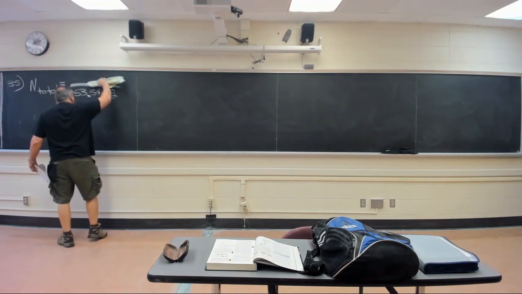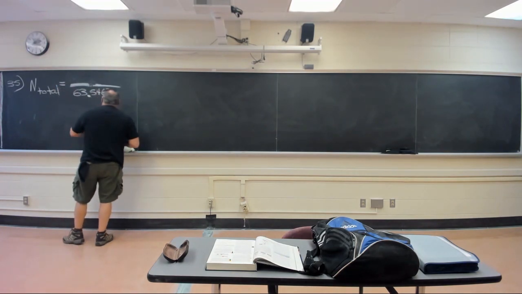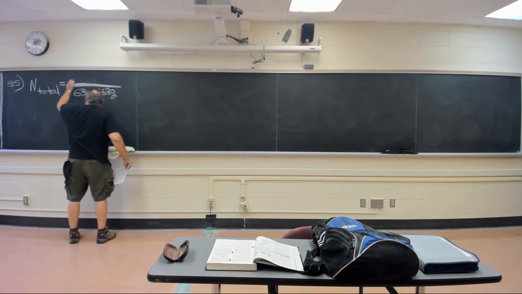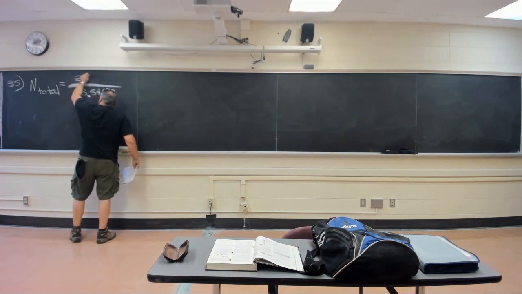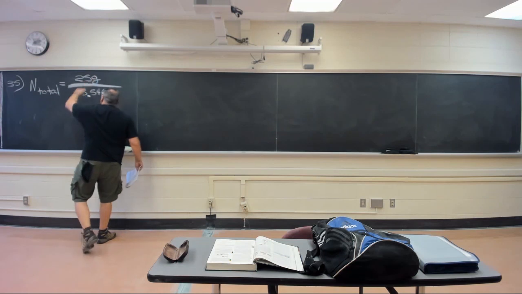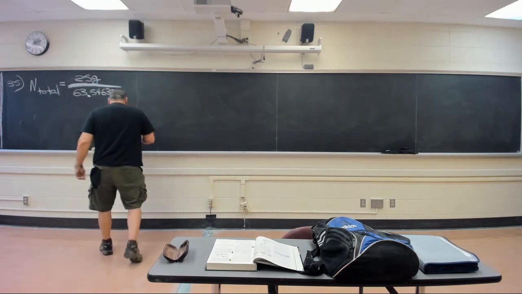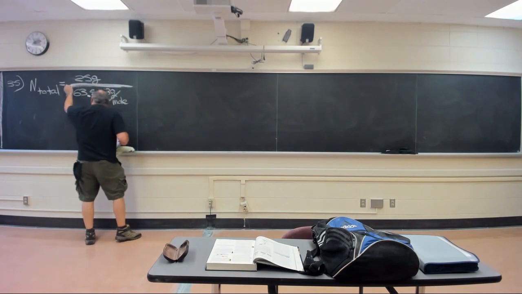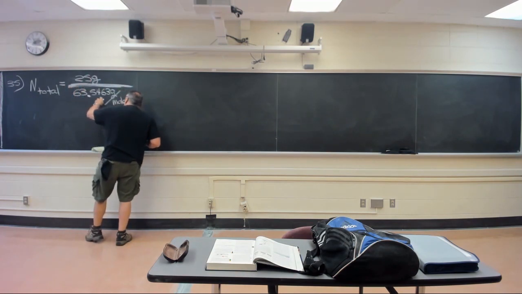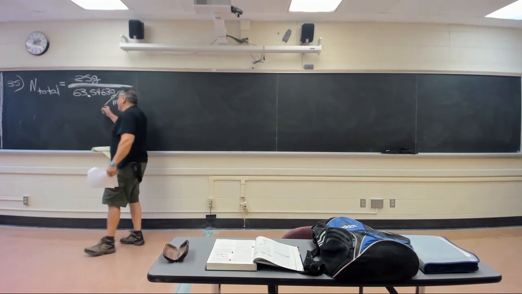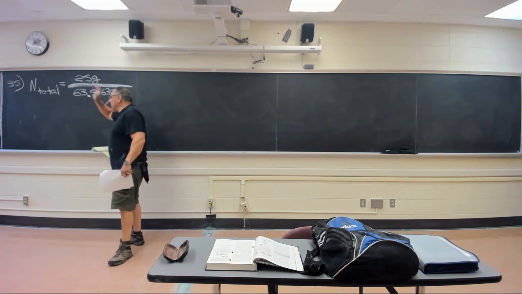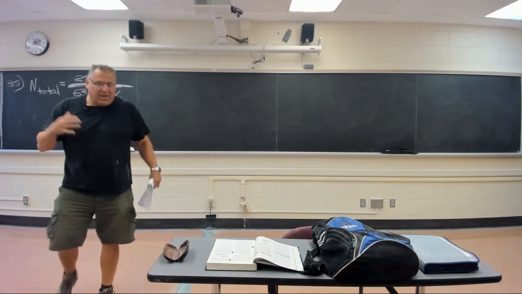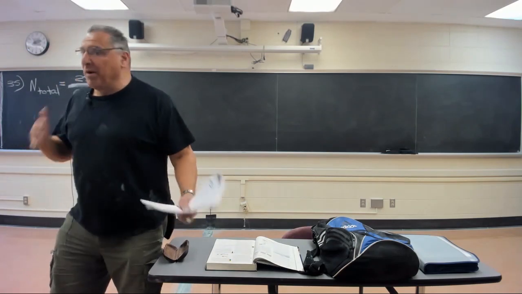I'm sure it's close enough, but let's just cover ourselves. Every 63.5463 grams of copper is associated with 1 mole. Well, 25 grams of copper is associated with a fractional amount of 1 mole, because 25 out of 63.5 something is a fractional amount of 63.5 something.